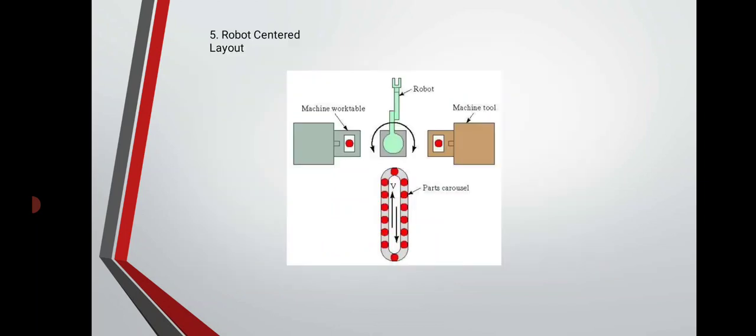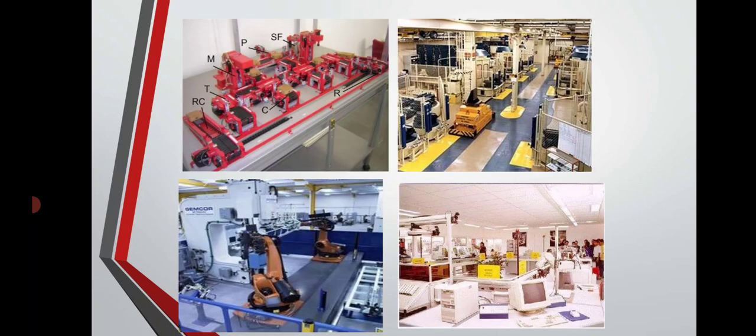The robot center cell: in the robot center cell, one or more robots are used as the material handling system. This is the material handling system in the industry. You can see this image.